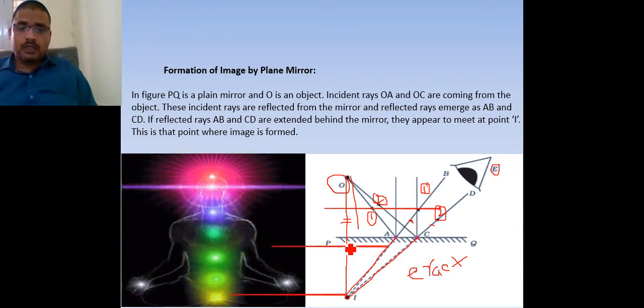then the image is also formed at the same distance from the mirror. If the distance between the mirror and object is 5 meter, then the image from the mirror is again 5 meter.